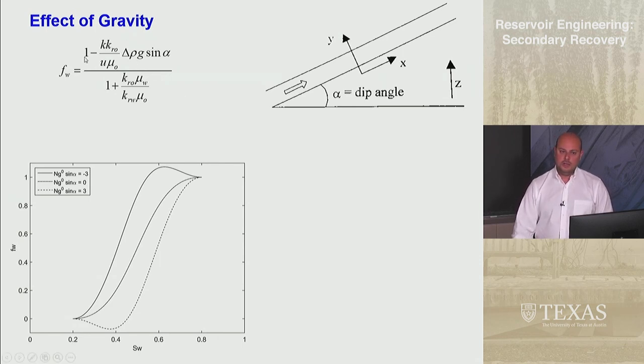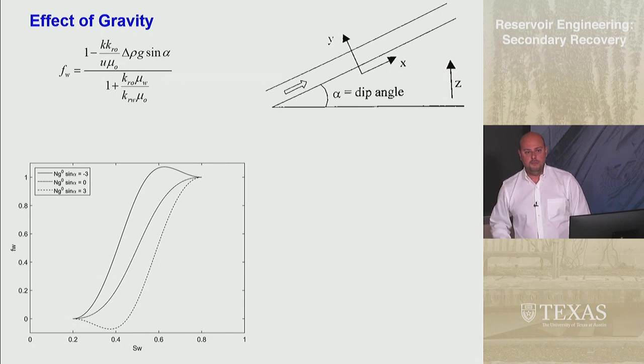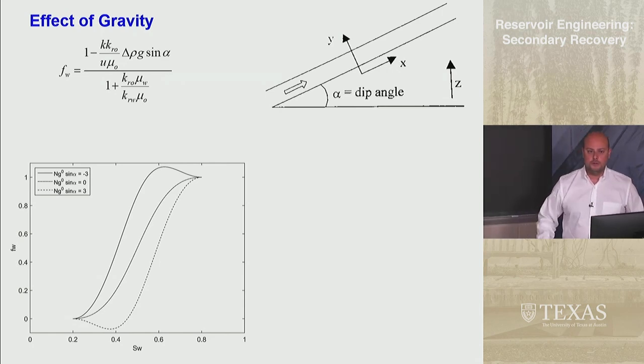Now that's not usually the case. Usually water is more dense than oil, although there are exceptions. It'd be more common that the dip angle would be approximately 0, but let's talk about the case where it's not 0, and many, in fact most reservoirs have some sort of dip, right? And so gravity is important.